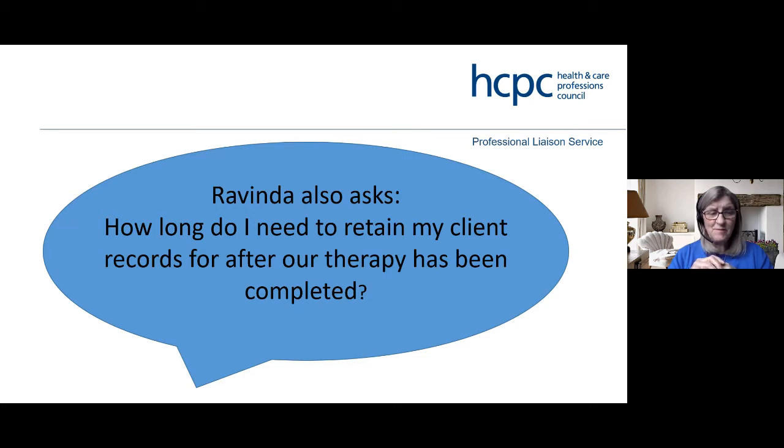There is the Records Management Code of Practice for Health and Social Care in England and Wales, and interestingly, that's just finished a consultation. The new guidance is due to come out fairly soon, and we will update it on our website as soon as it comes out, because that's really important. It's very specific, and it's got an Appendix 3, which is a spreadsheet that clearly sets out under several headings how long you need to keep records for, and you'll be able to work out which of your clients fall into which group.